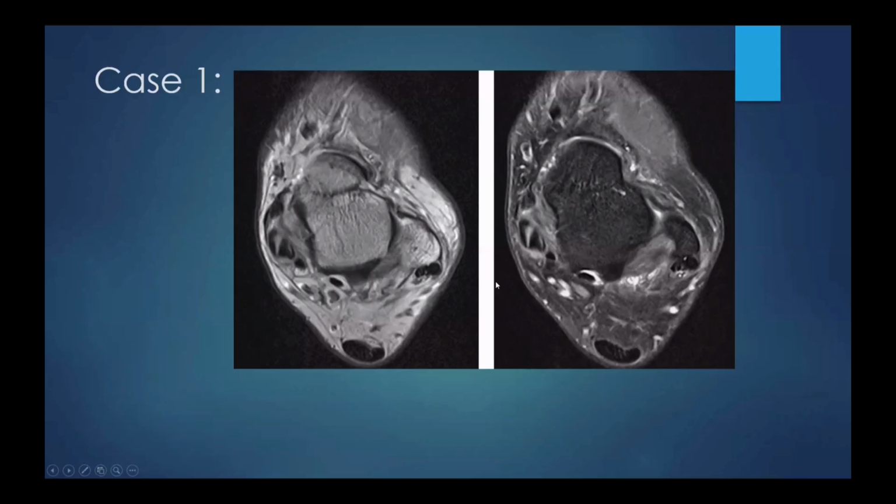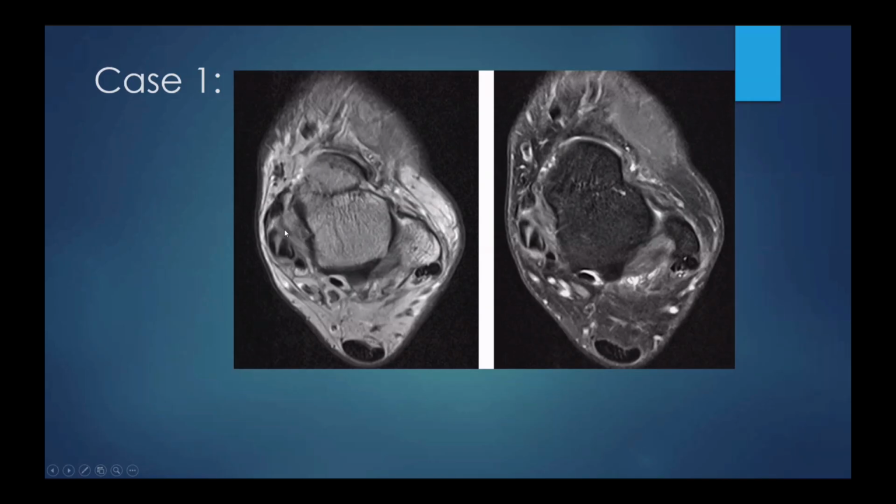This is an axial cut of the ankle where we see the medial aspect of the tendon here. Now we are analyzing this slide. We have the posterior compartment and the peroneal tendons, which means we are on the lateral aspect of the foot. And here we are in the medial aspect of the foot.